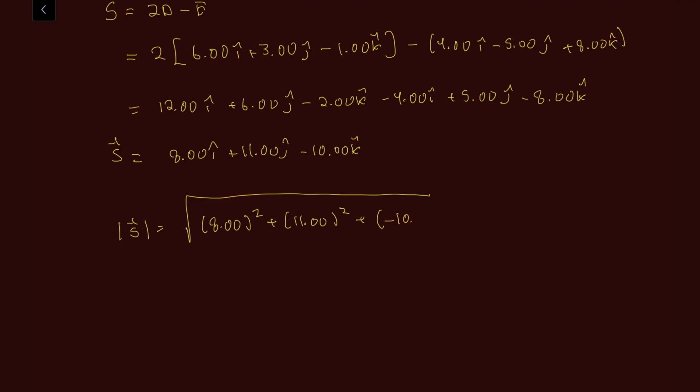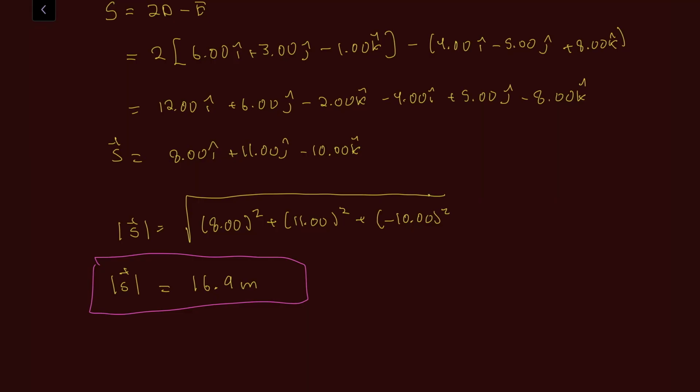And I am leaving out the units all the way up until the very end. If you plug this into your calculator, you are going to get the following. And that is very quickly our solution to example 1.6.